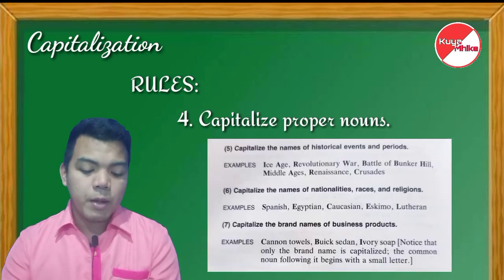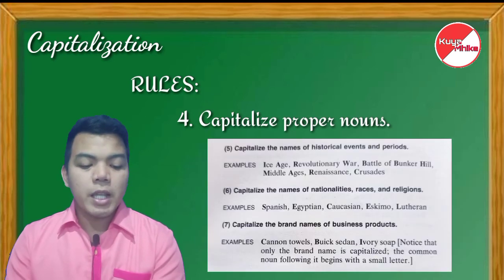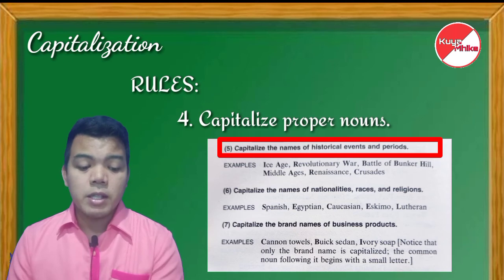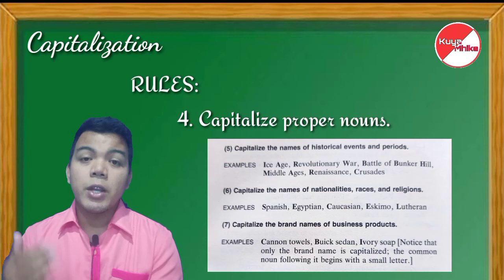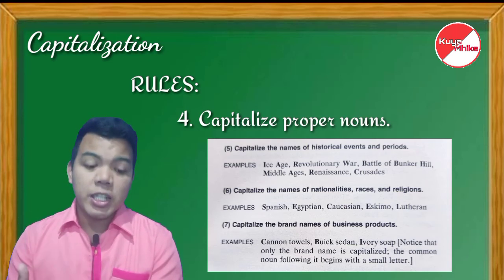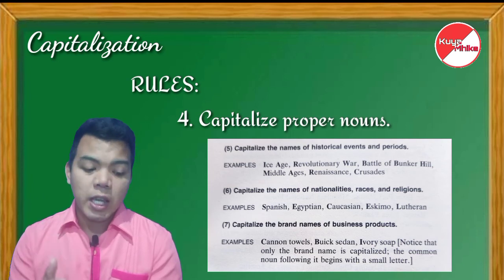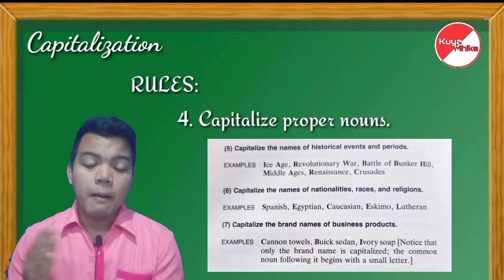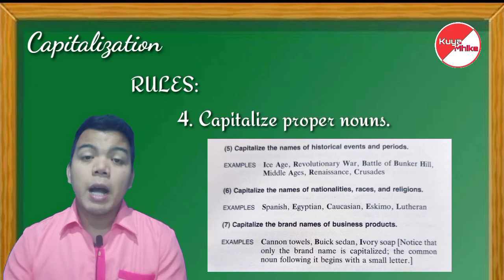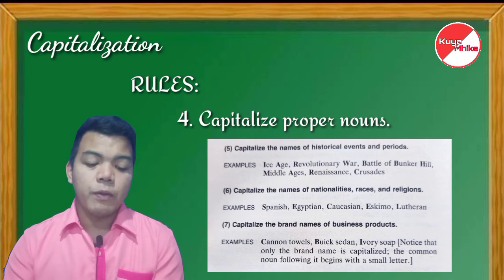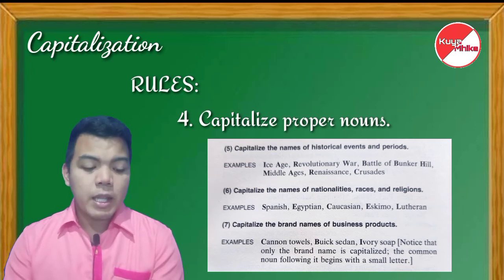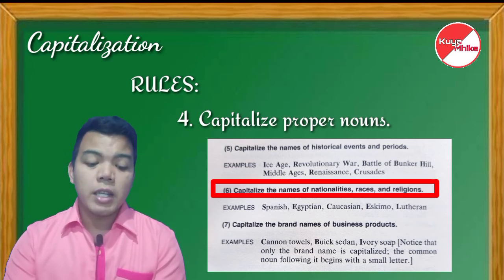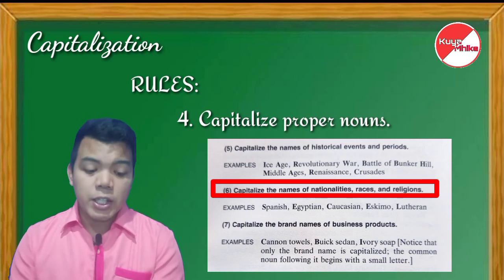Okay, number 5, capitalize the names of historical events and periods. For example: Ice Age, Revolutionary War, Battle of Bunker Hill, Middle Ages, Renaissance, Crusades. So, yun yung mga iba't ibang ika-capitalize natin for the example of historical events. So, sixth rule, capitalize the names of nationalities, races, and religions.